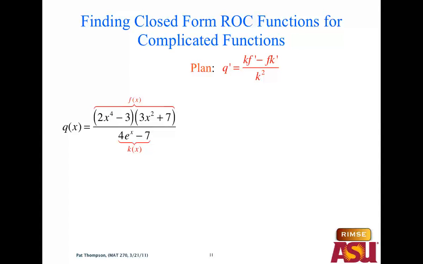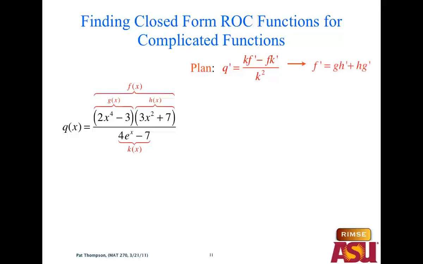What about the rate of change of f within the quotient rule? Product rule. What about the rate of change of k? Pretty easy, right? Okay. So f we're going to see as the product of g and h. So within the quotient rule for the rate of change of the numerator, we have the product rule.